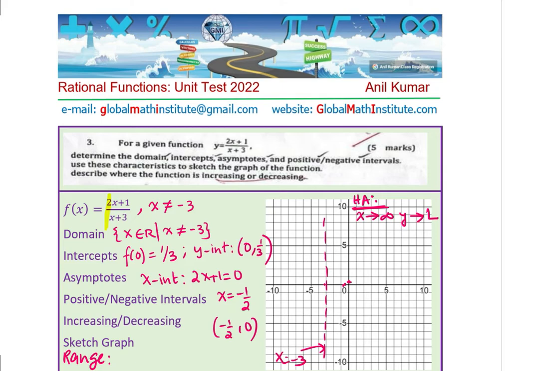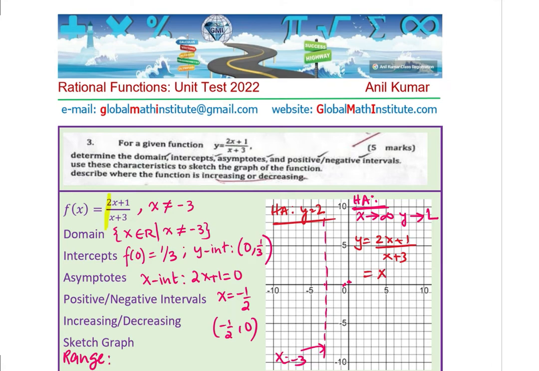We know that the horizontal asymptote is y equals 2. But how do we get it? So we have y equals (2x plus 1) over (x plus 3), right? We can take x common.